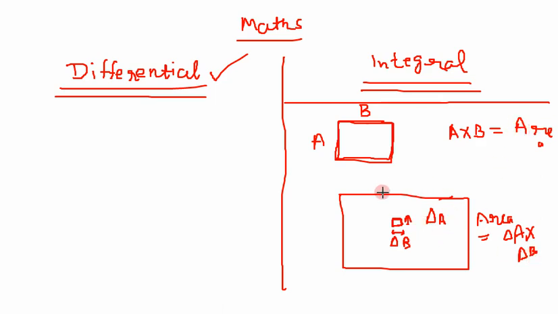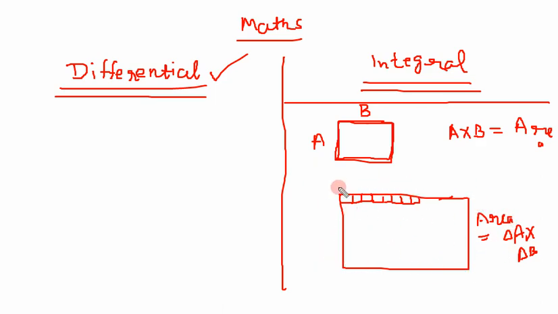Suppose we keep on putting small boxes like this till we get all the area covered. In this way we are putting small boxes and covering this whole area.